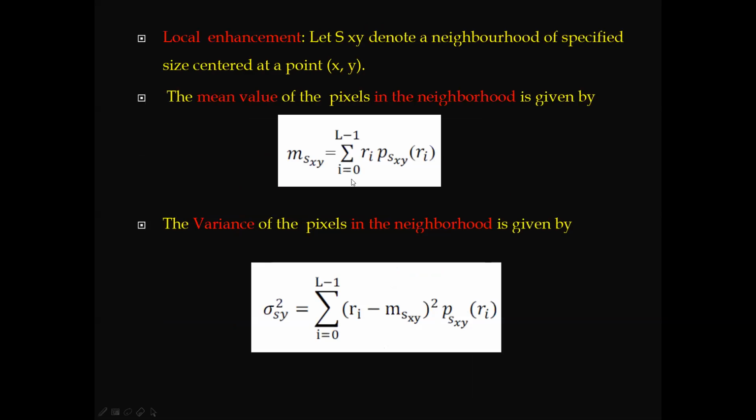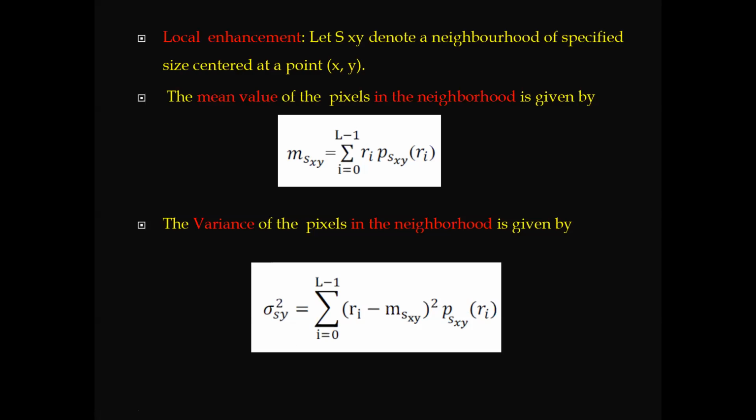Here we have local histogram processing, and similarly global histogram processing. For local enhancement purposes, we have some local enhancement statistics of a histogram. The local enhancement statistics are m S x y, that means the mean value present in the neighborhood S x y. Similarly, you can also compute the variance of a neighborhood.